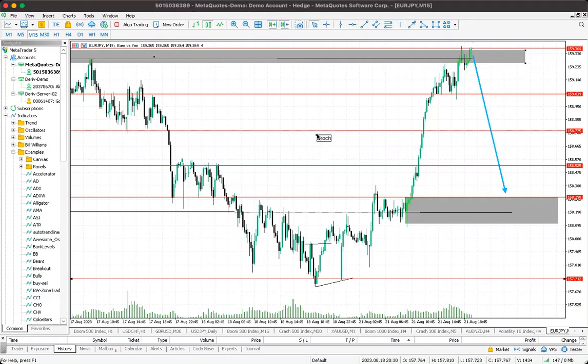I call this my swing failure, which is what people call SMS.